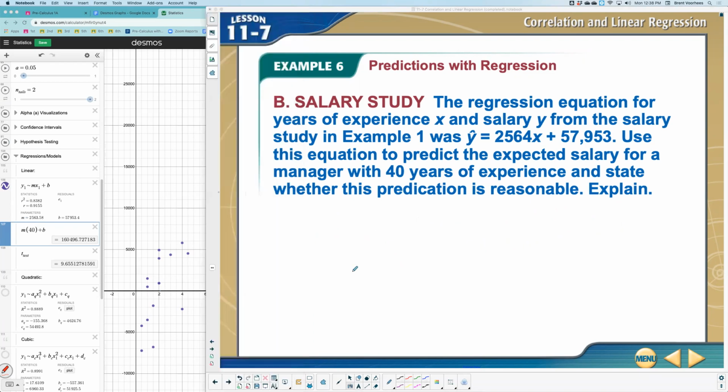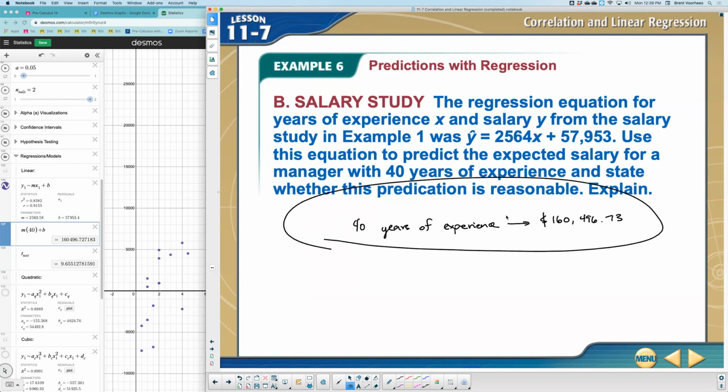M, I already got the slope, 40 years of experience. It should generate a salary of $160,496.73.